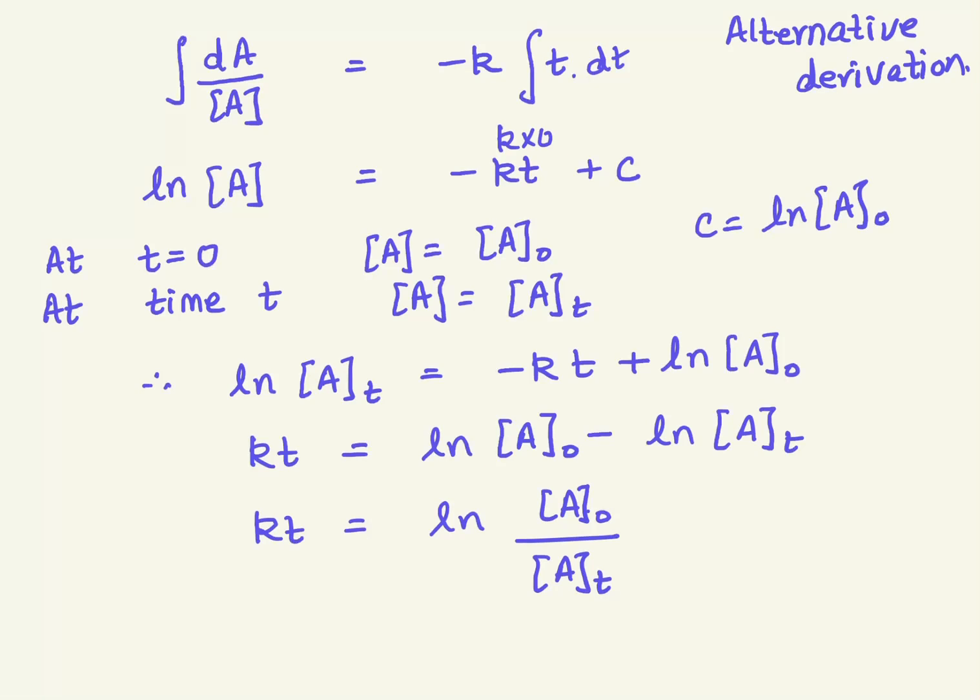Whereas at time t, the concentration is given by At. So we go back to our initial equation. We'll have natural log of At is equal to minus kt plus natural log of A0. That was the value for the integration constant. And again, it's the same humdrum. We rearrange it and we get kt is equal to natural log of A0 upon At. See, we come back to the same thing irrespective of what route you take.